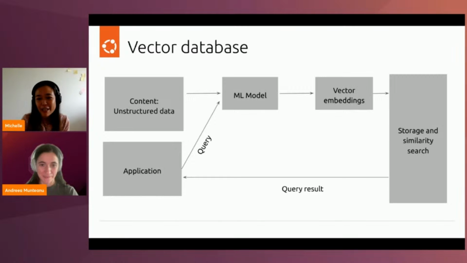You have a specific application where you query, show me a hamster, or you upload a photo of a hamster, and use a machine learning model. It embeds those contents into a specific embedding, and then you have ways to store it, and you have ways to understand the information inside through similarity search.